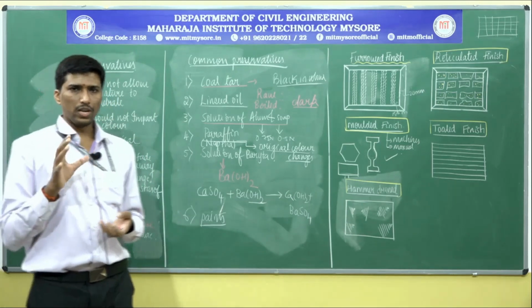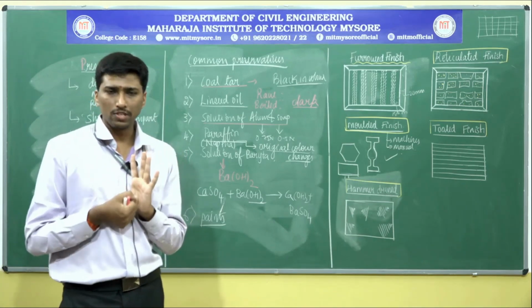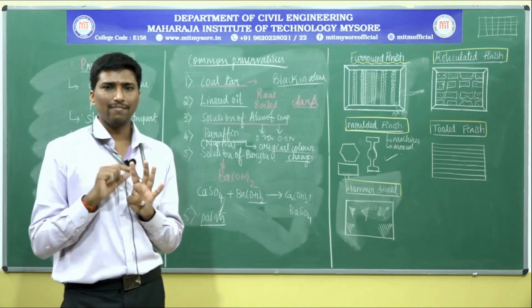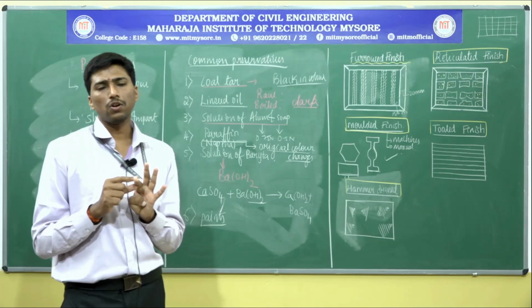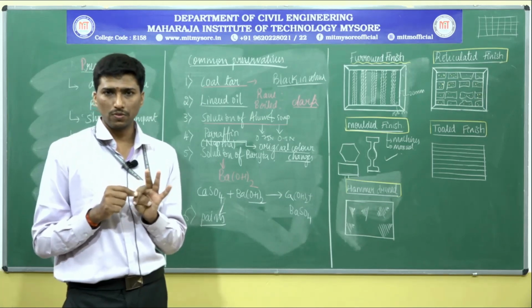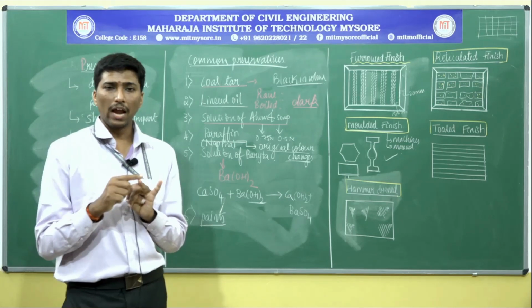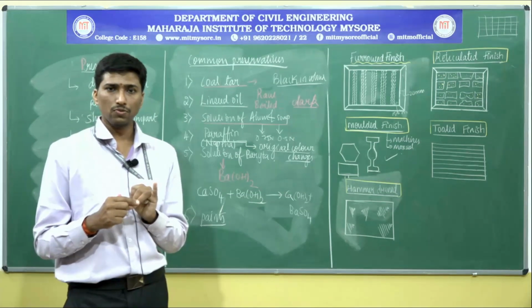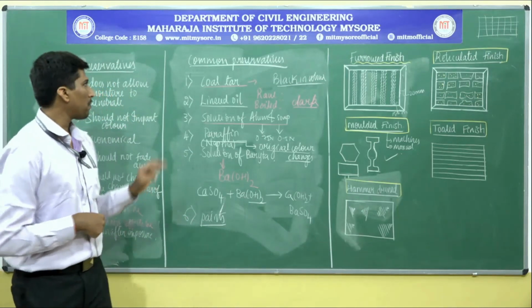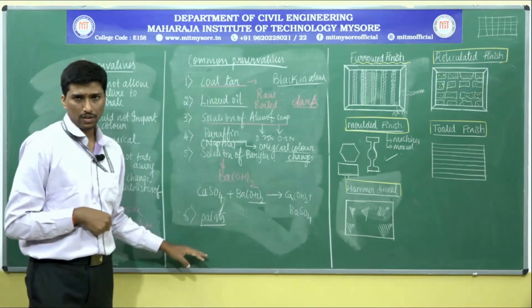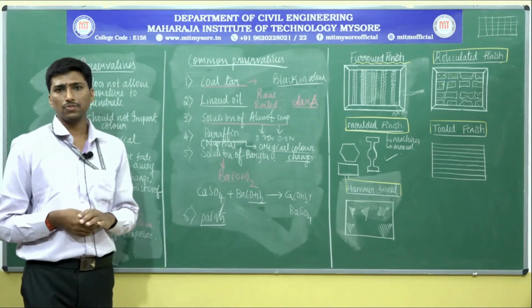So in totality, in stone, you have studied how the stones are obtained from rocks, the requirements of the stone, the causes for the deterioration of the stone, what is meant by dressing of the stones, and how deterioration can be prevented by using the common preservatives for large scale purposes.